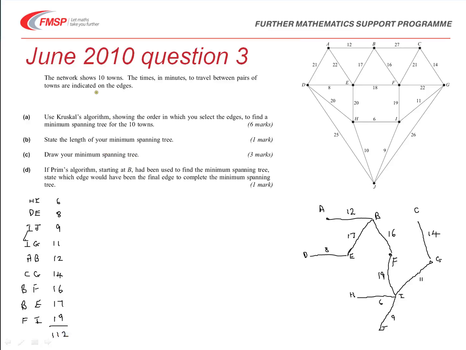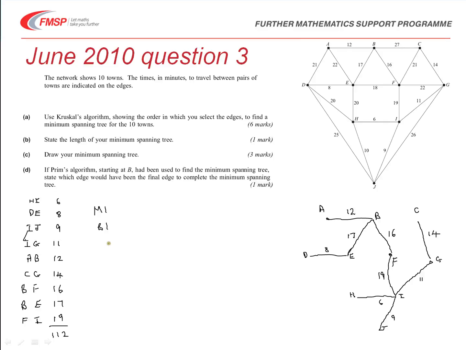Now the mark scheme. Using Kruskal's, show the order in which you select the edges for your 10 towns, which is what we've done on the left hand side here. If you've got at least 6 edges with no cycles, that gives a method mark. If you've got 9 edges, even better.